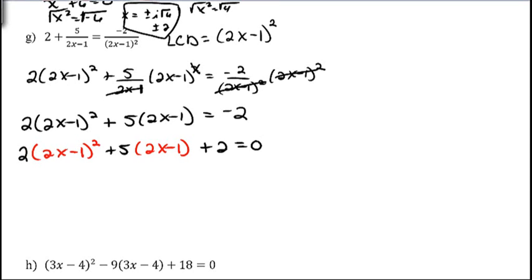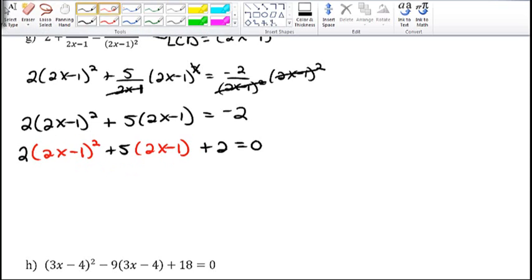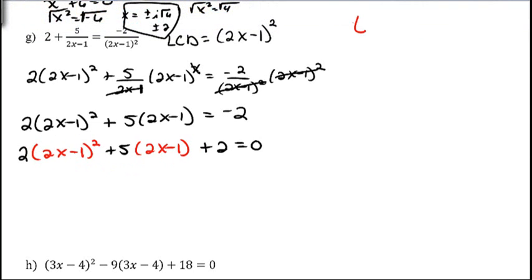So now you see I have, in red, something squared and something not squared, and they're both the same thing. And so we can use that method that we were using before. We're going to let t be equal to 2x minus 1 and t squared be equal to 2x minus 1, the quantity squared. So now this would become 2t squared.